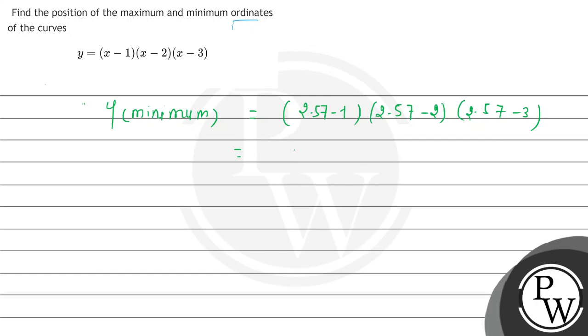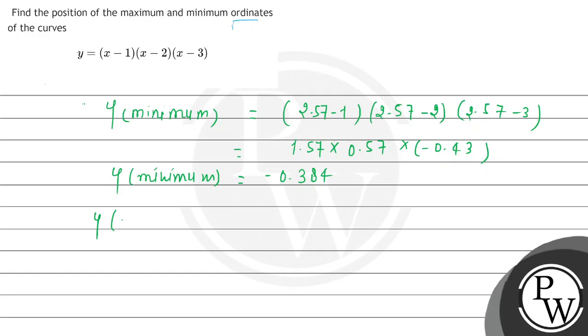Here we'll get 1.57 into 0.57 into minus 0.43. After multiplication, we'll get the value of minus 0.384. So it is the minimum value.